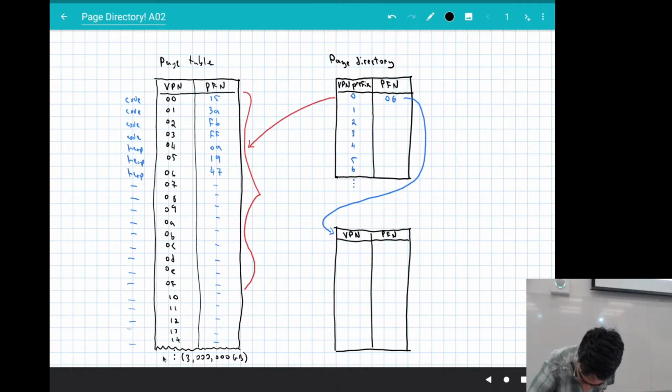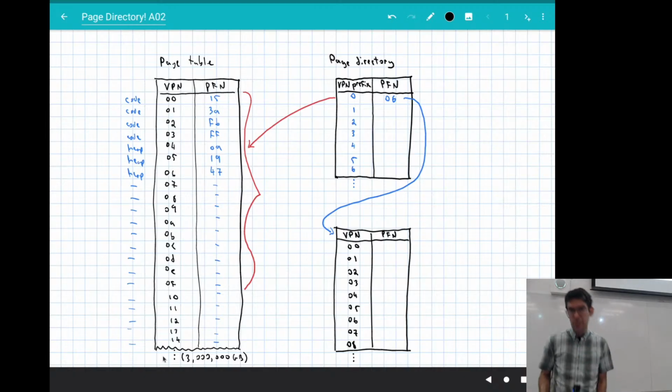So here I'm going to have 00, 01, 02, 03, 04, 05, 06, 07, 08. We're just going to say that it ends at 08, and then we've got a ... here to represent the rest of the addresses that start with 0.